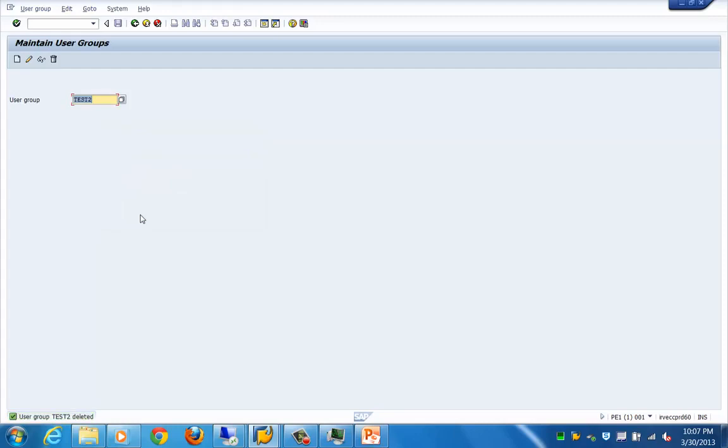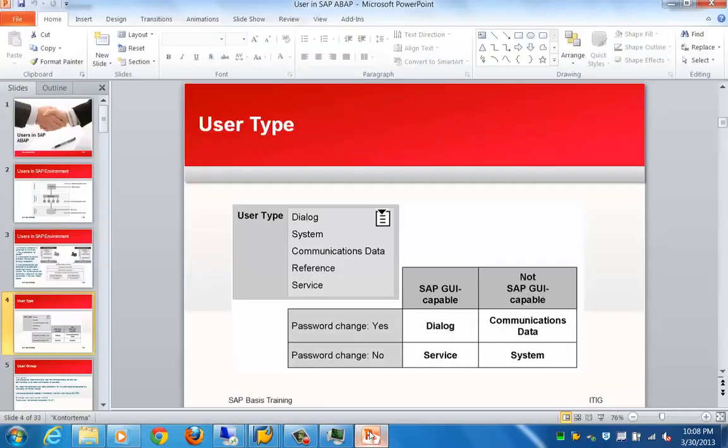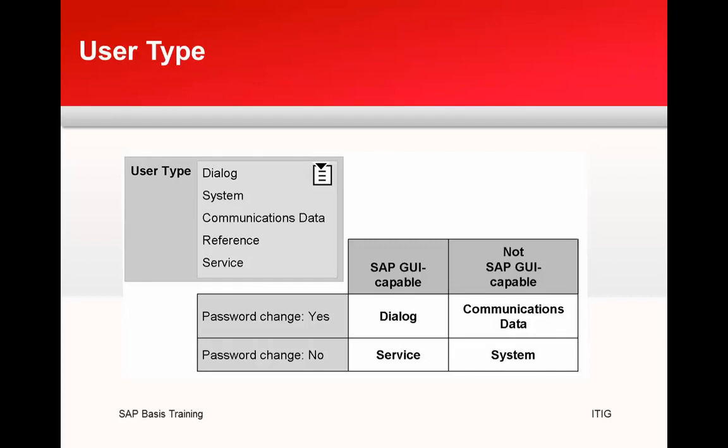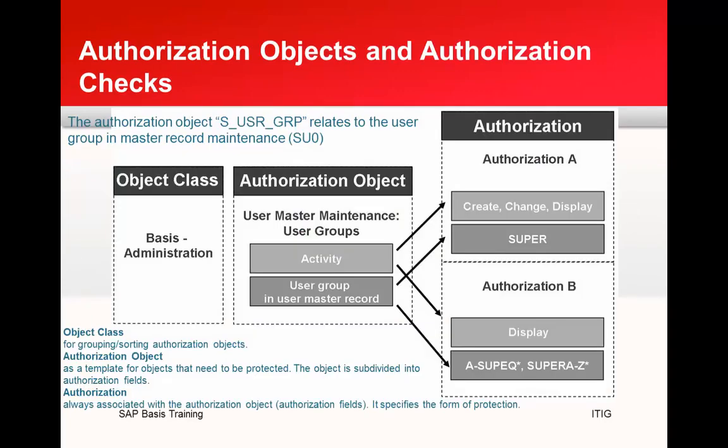Yes, I want to delete it. Okay, so this particular group has been deleted. So that is about the user groups that we just saw. User groups are used to distribute user maintenance among several administrators. We have seen how to create a user group and how to create users.